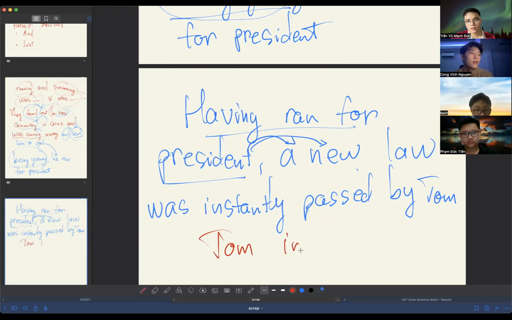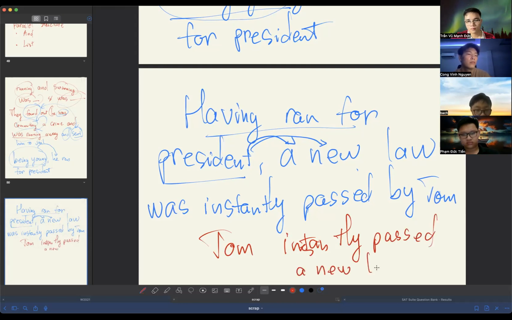Exactly. In this case, which word is being modified? Tom. Exactly. The word Tom is being modified by "having run for president" because a new law can't be running for presidency. The only thing that's applicable here is Tom.